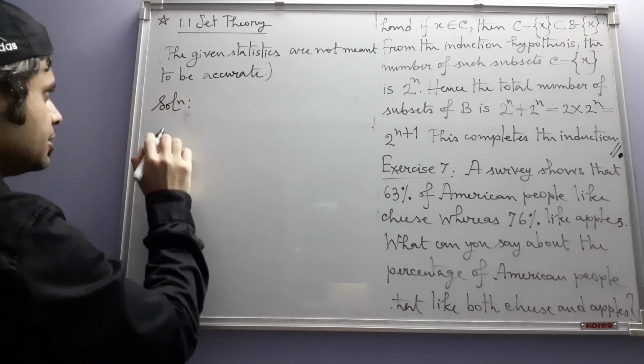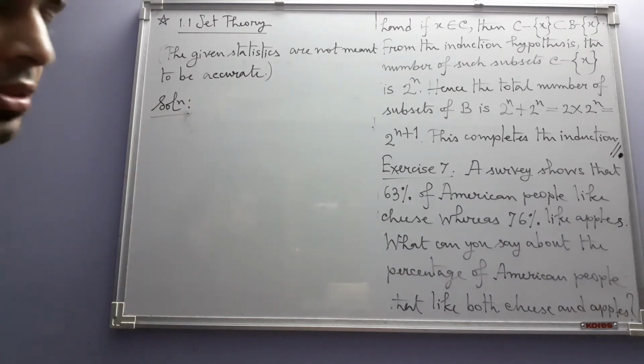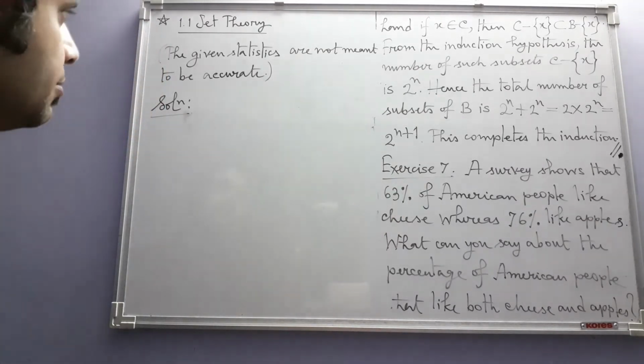So to solve this problem, we have to first define some sets that represent these parts of the American population.